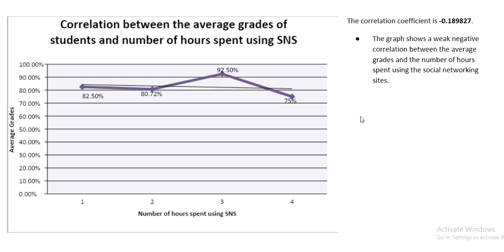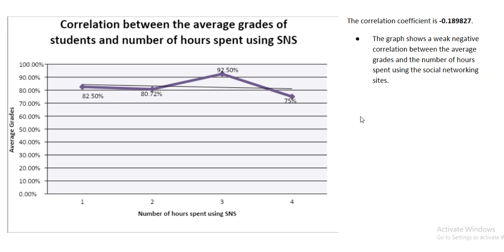This shows as the number of hours spent using the social networking sites increases, the average grades of students decreases. The correlation between the average grades of males and the number of hours spent using social networking sites by them was moderate negative.